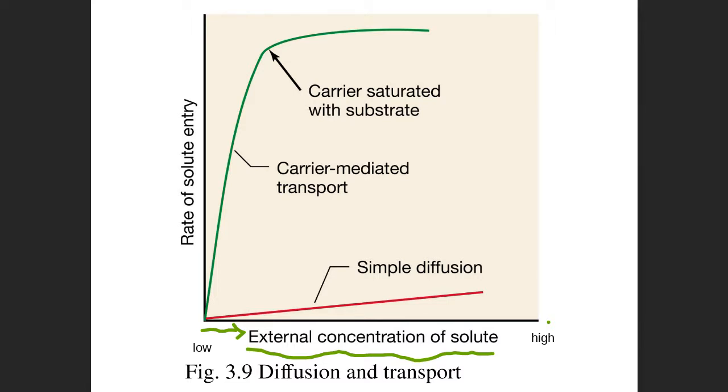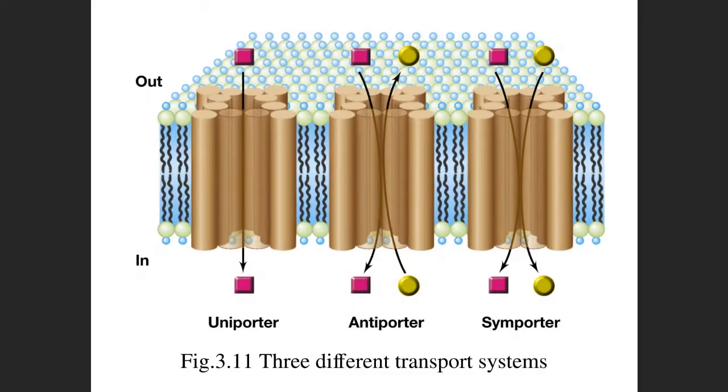But when you get to a certain higher level and you saturate all 10 transporters, then the rest have to wait. Then the rest becomes almost like diffusion, right? And so by looking at how fast a solute can get across the membrane, you can easily determine whether it comes through by diffusion.